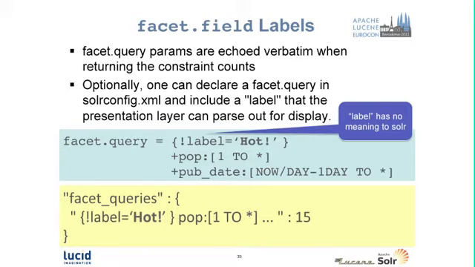So another little tip related to labeling for the user is to realize that any kind of parameters in a facet query are echoed back to you in the response. And so you could have a GUI that the label meant something to, as in, use this for the label for this facet constraint.